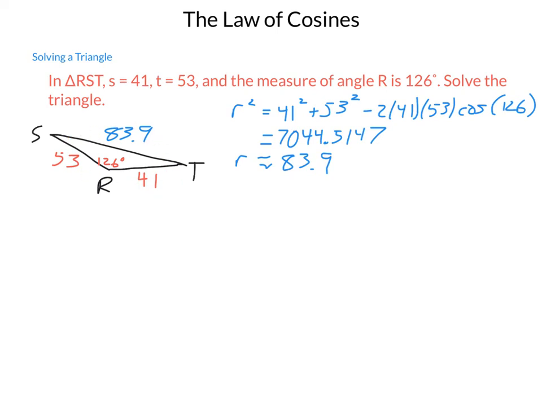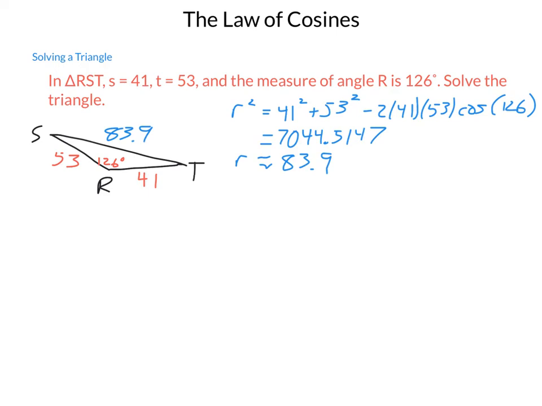So I can start solving for either angle T or angle S using either method, the law of sines or the law of cosines. Just so I don't get rusty on my law of sines, I'm going to use it, and I'm going to solve for angle T, it being the second largest angle in here because it's opposite the second largest side.